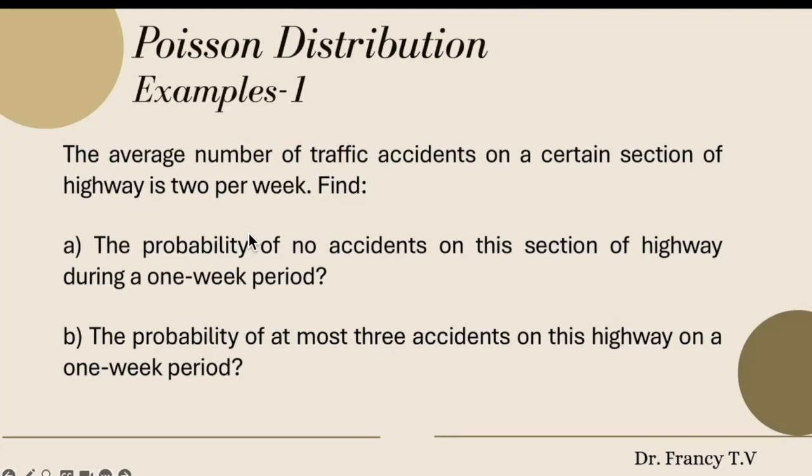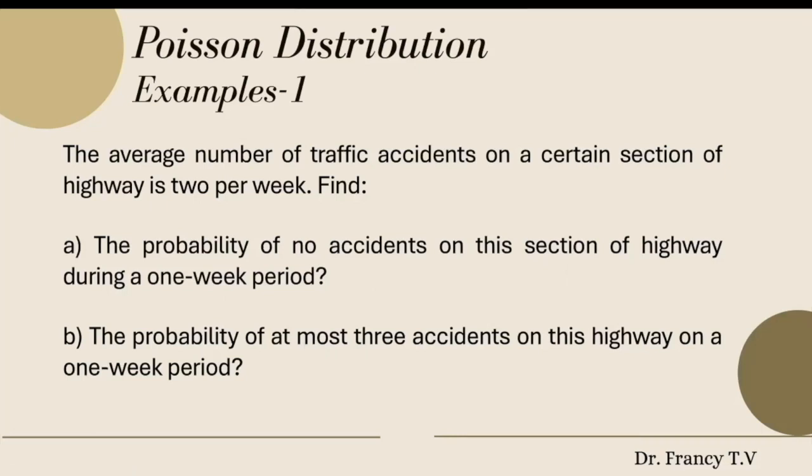The first example is given as follows. Average number of traffic accidents on a certain section of highway is 2 per week. We have to find out. Question number 1, probability of no accidents on this section of highway during 1 week period. Second one, probability of at most 3 accidents on this highway on a 1 week period.